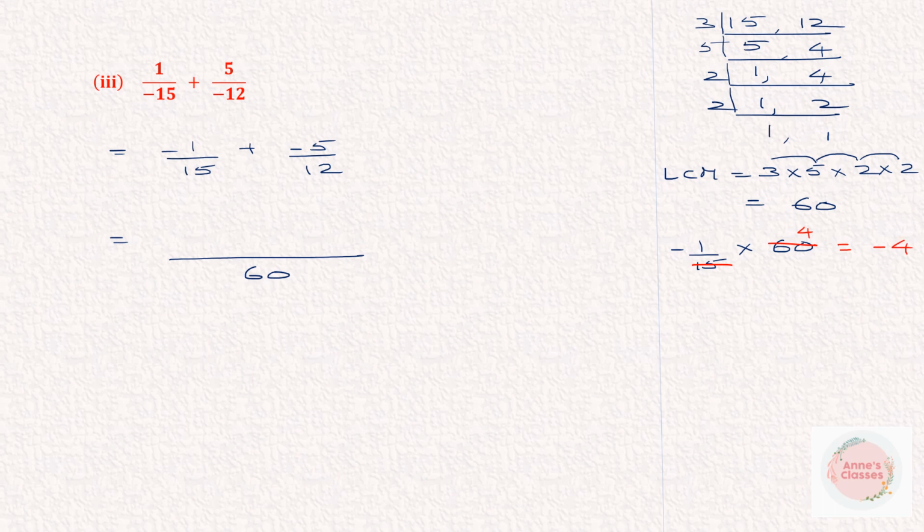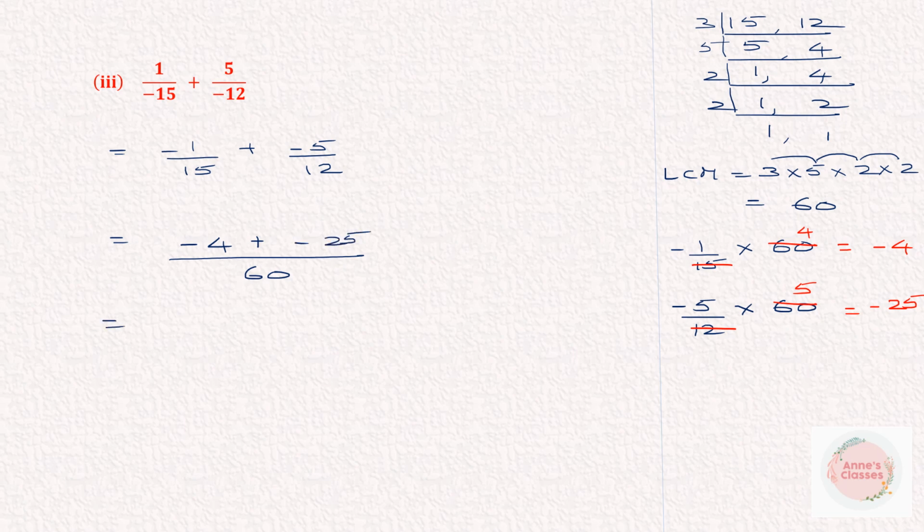So what do we have here? First one, let's write it down here as minus 4 plus. Take the second fraction, minus 5 by 12. Multiply it by the LCM, 60. Cancel, 12 5s are 60. Multiply the numerators. Minus 5 into 5 is minus 25. So let's write that, minus 25.